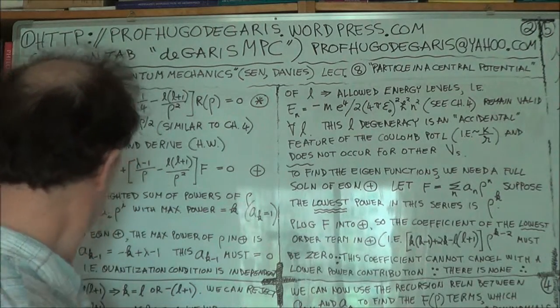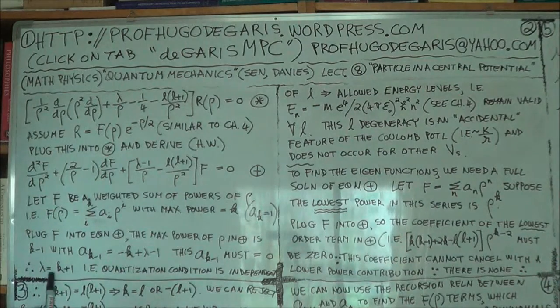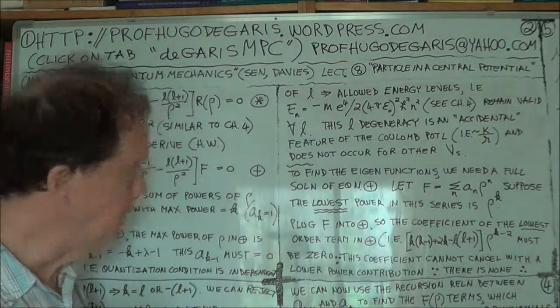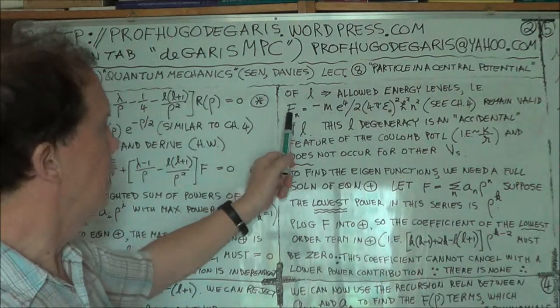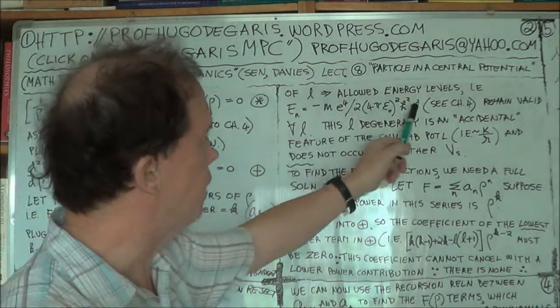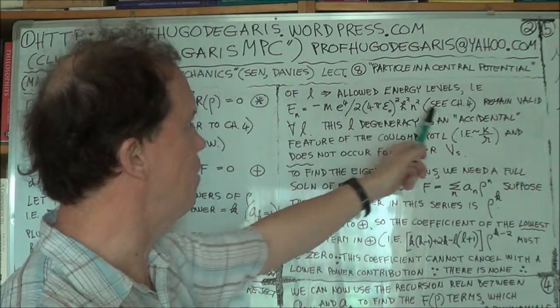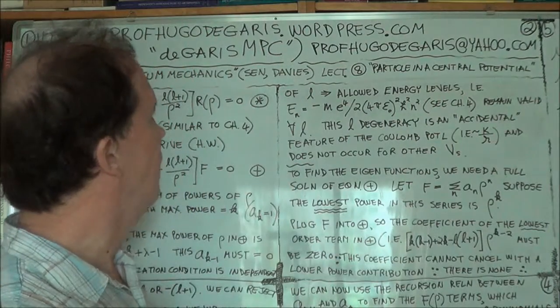now notice this lambda here is independent of L. There's no mention of L in this value of lambda. So the eigenenergies, the eigenvalues for the energy, this is what it works out to be. Pretty much the same as in chapter 4.